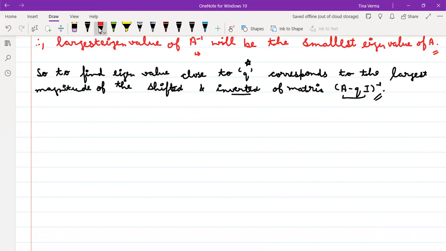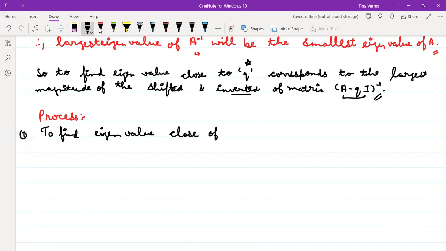The same process will remain same that you have already done. So what will be your process over here? That firstly, to find eigen value close to sigma or close to Q, what you will apply? You will apply the process. That means, so the first step, आपको किसकी वैल्यू निकालनी है?